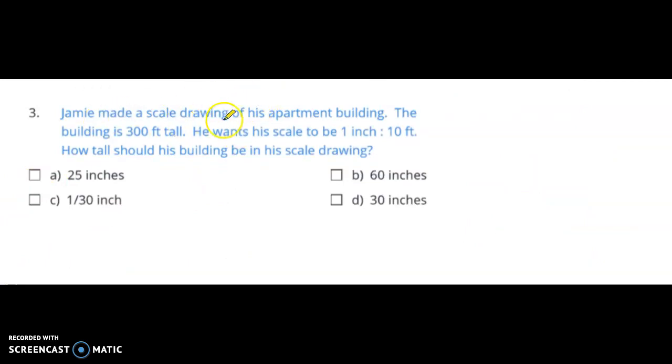In number 3, Jamie made a scale drawing of his apartment building. The building is 300 feet tall. He wants the scale to be 1 inch for every 10 feet. How tall should his building be in his scale drawing?